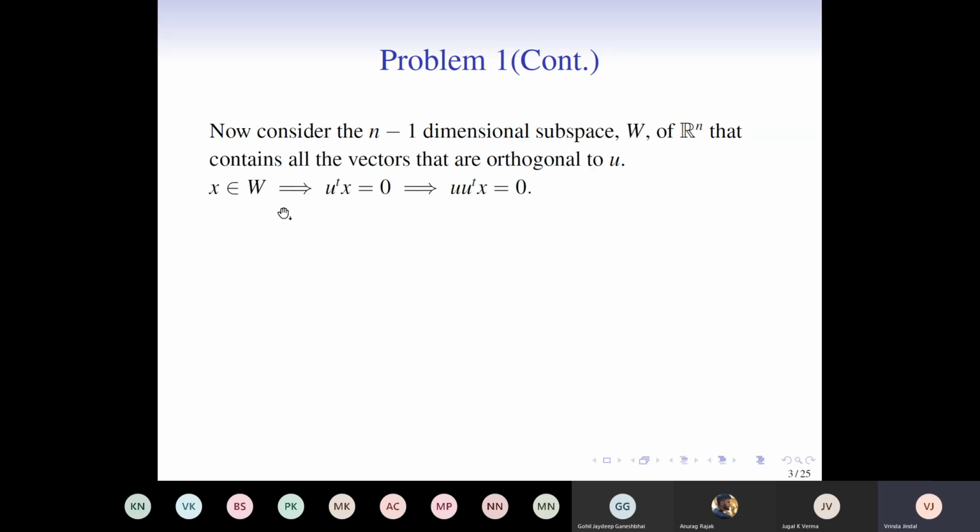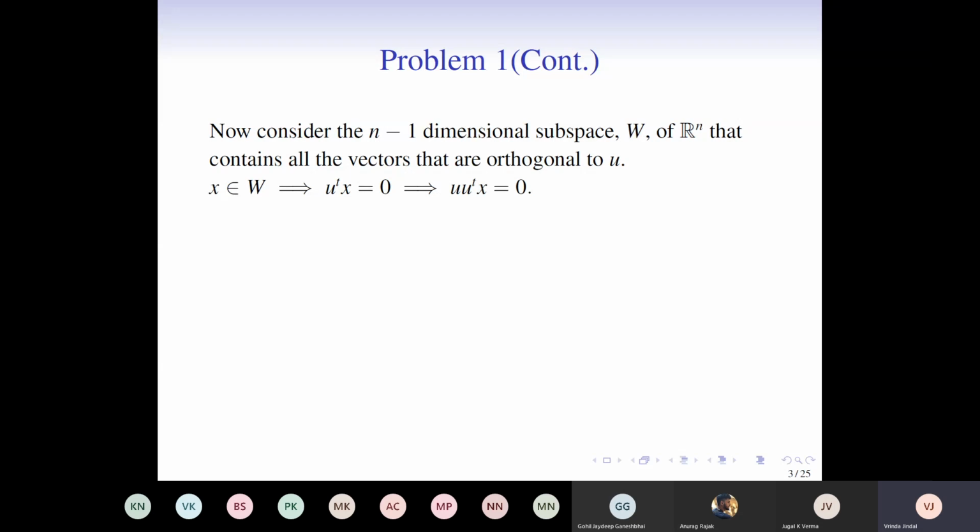So what is the property of any element X that belongs to W? One is that it is orthogonal to U. That is, U transpose X is 0. I'll just repeat it. So X belongs to that subspace. So X could be written as a linear combination of those n minus 1 vectors.